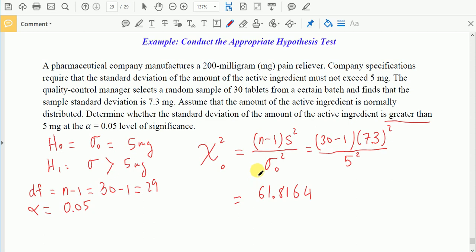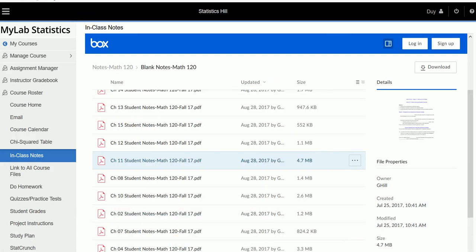Now after we get the test statistic, we need to also figure out the chi-square of alpha. Okay, so alpha is 0.05. So we're looking for chi-square of 0.05 when the degree of freedom is 29. So let's go back to the chi-square table.